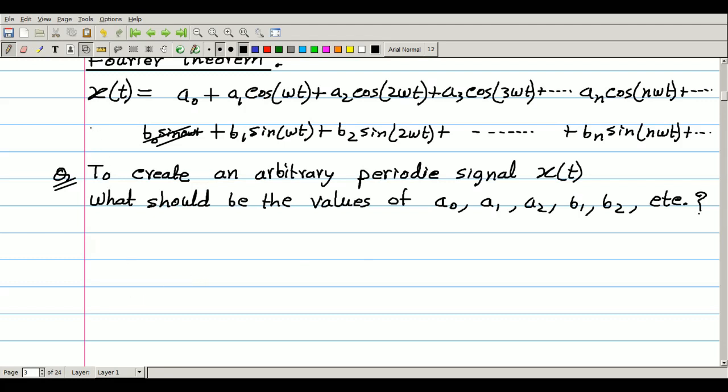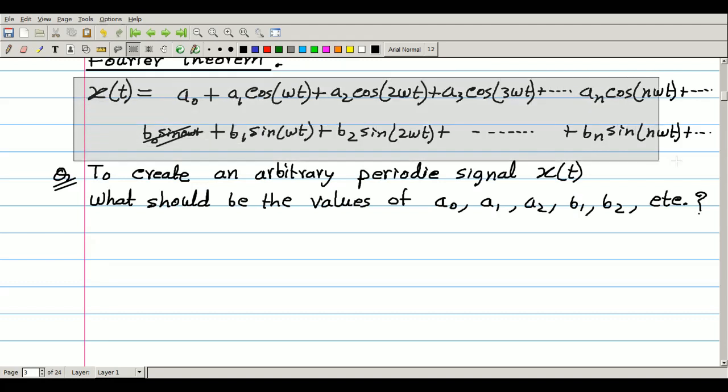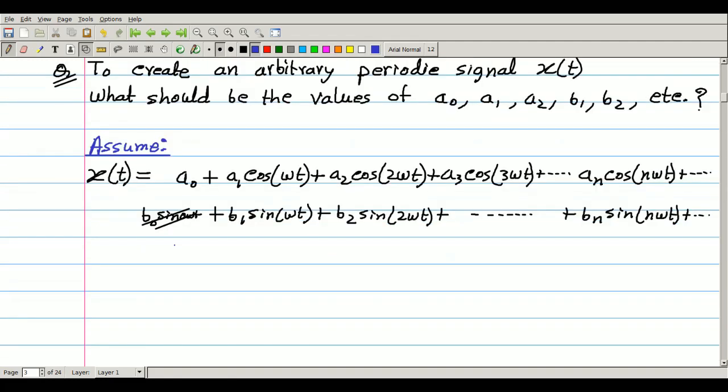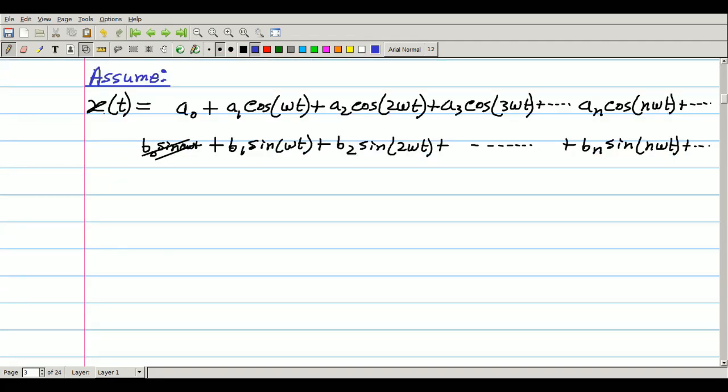We shall start with the assumption that for some values of a0, a1, a2, b1, b2, etc., it is possible to write x(t) as a sum of sine and cosine signals like this. So assume that it is possible, and then let us integrate both the sides of this equation like this.